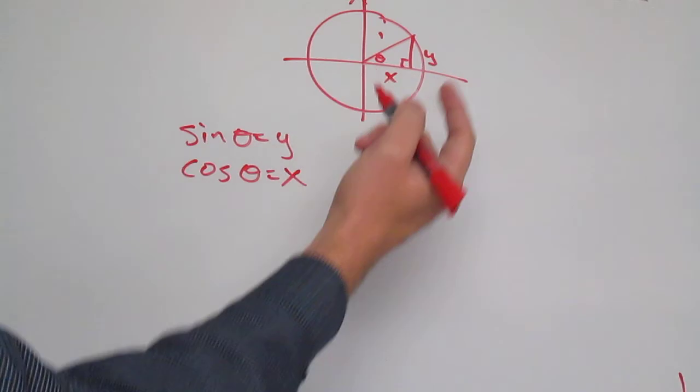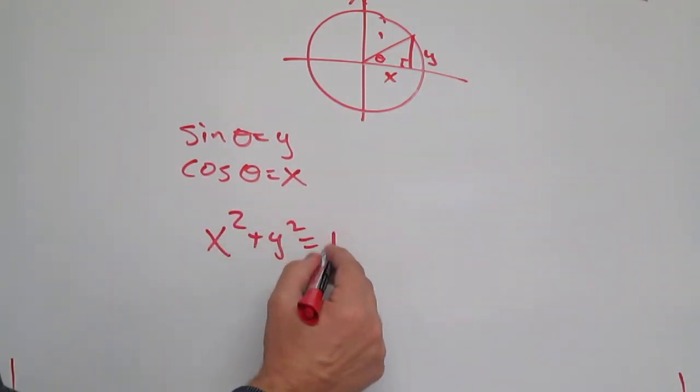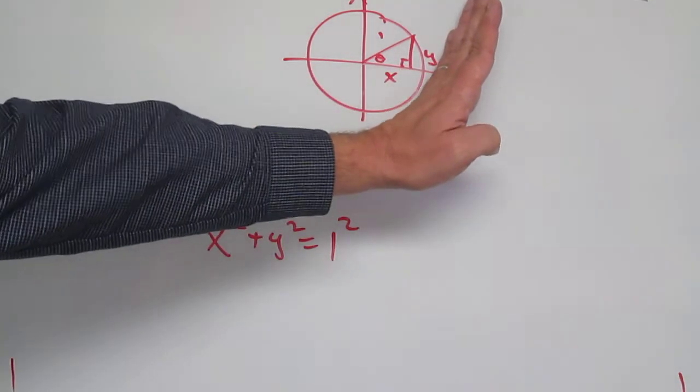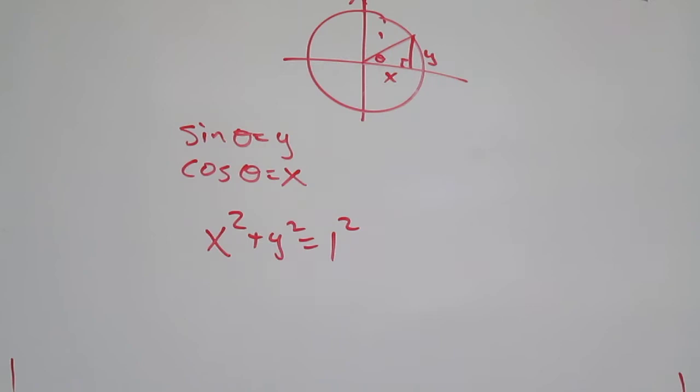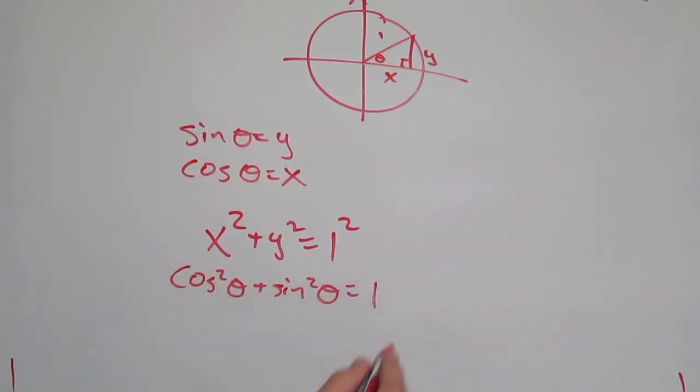You would agree from looking at this, I hope, that x squared plus y squared is equal to 1 squared, right? If we square each of the legs and add them together, it gives us the hypotenuse squared. If I do a substitution for this now, I'd have cosine squared theta plus sine squared theta is equal to 1. The way it's usually said is sine squared plus cosine squared equals 1, of the same angle.